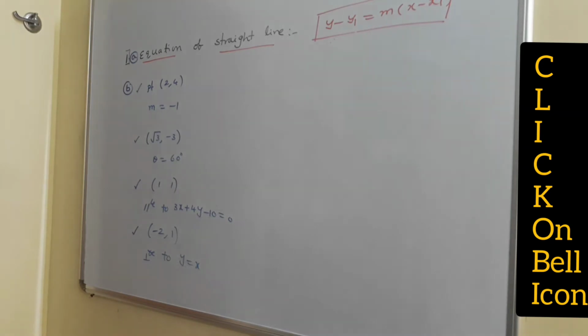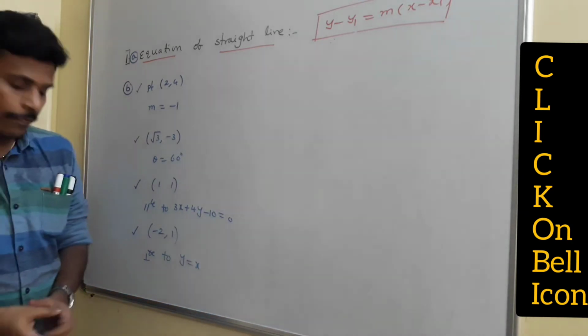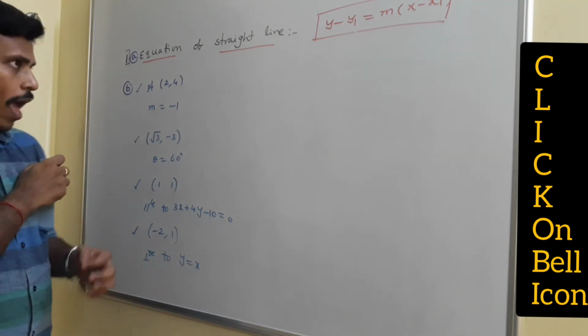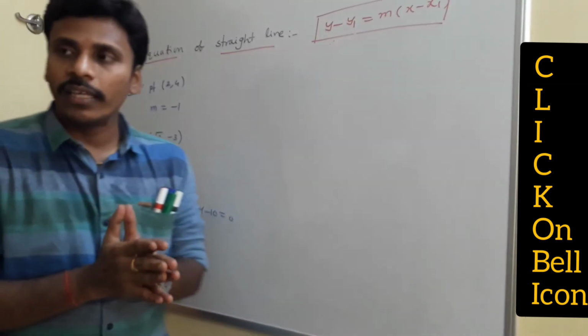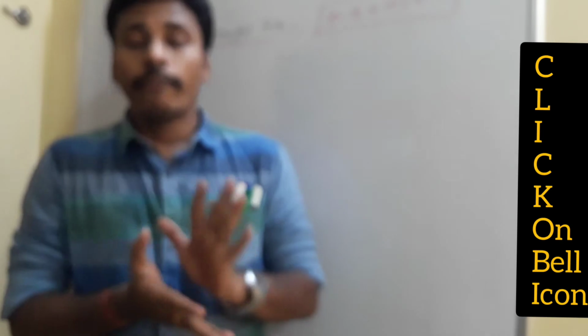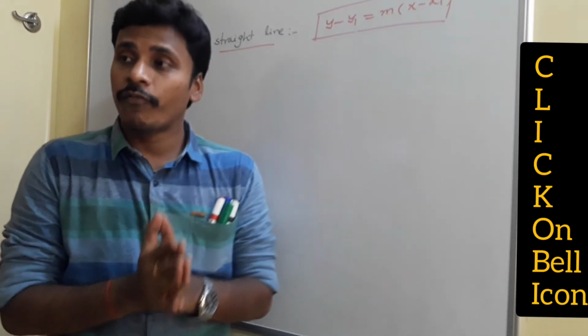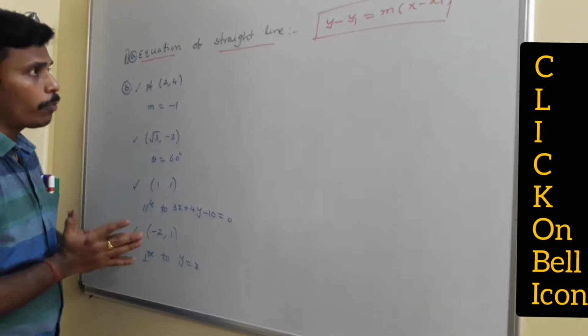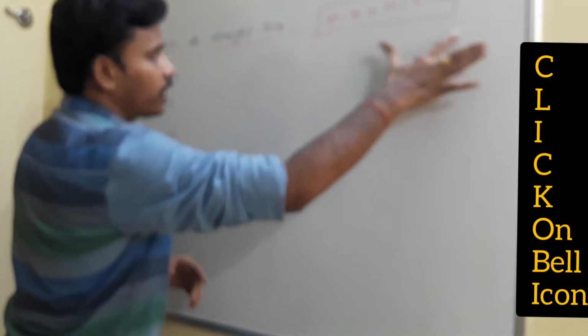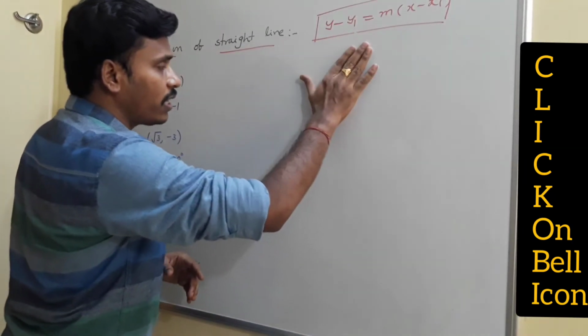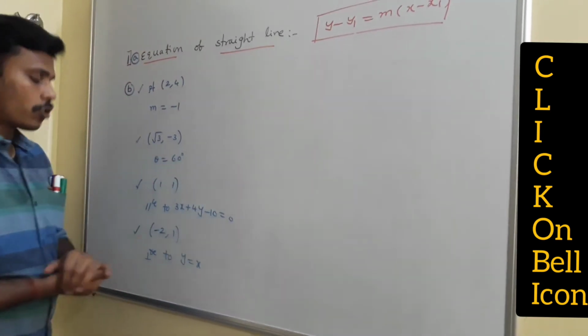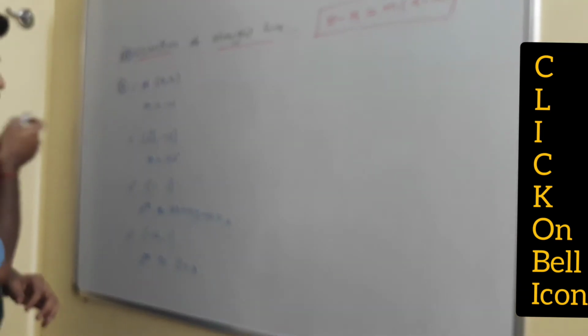For each problem there is a point, and related to slope some information is given. I am going to solve. So every time to find the equation of the straight line, we need both a point and its slope. And after having the point and its slope, your formula and your generalization to find the equation is y minus y1 is equal to m into x minus x1.